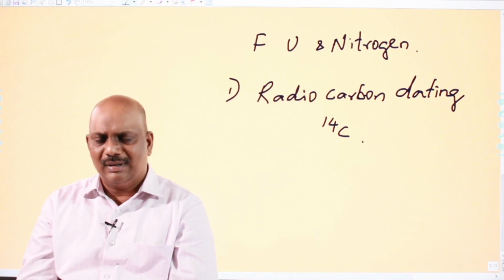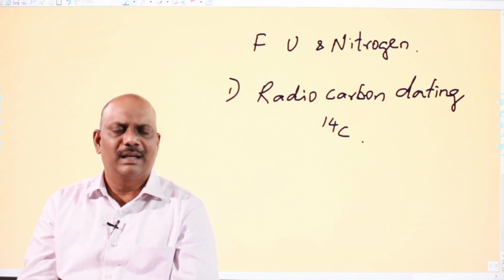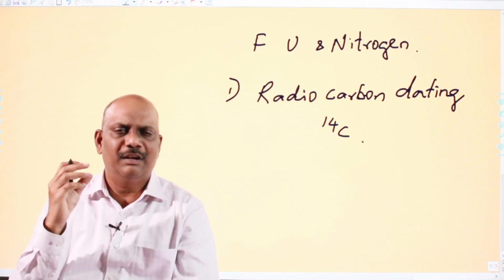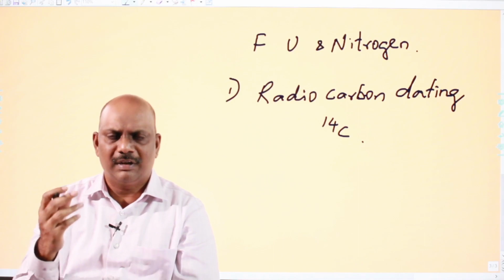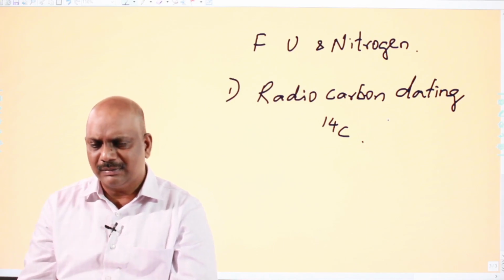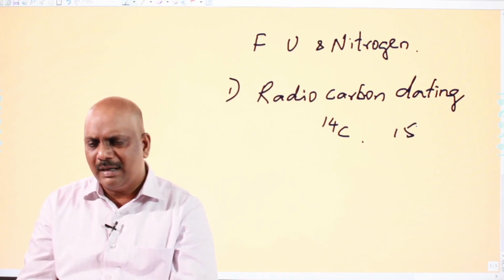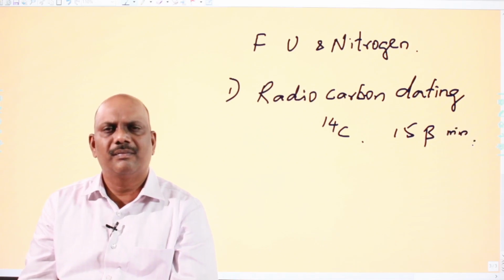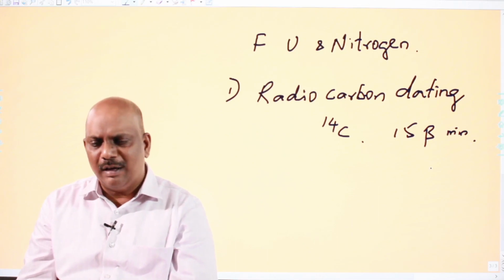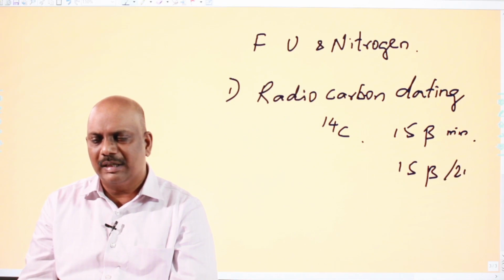In the last class we discussed at length how many beta rays a fresh 14C emits. A fresh 14C emits 15 beta radiations per minute. At its half-life, it emits 15 beta radiations in 2 minutes.